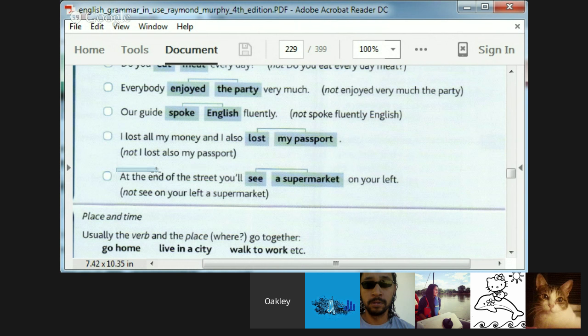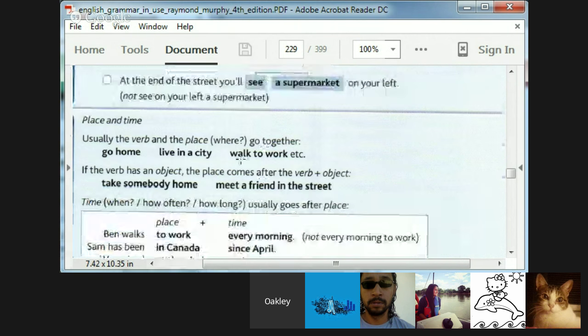If you look at this last one, "At the end of the street, you'll see a supermarket on your left." We certainly do not see, same with time and place, "At the end of the street, you'll see on your left a supermarket." It's out of order. It sounds weird. So let's talk more about place and time.